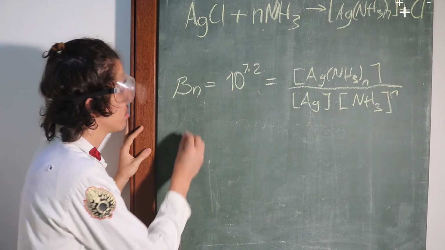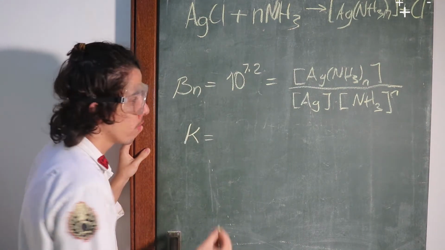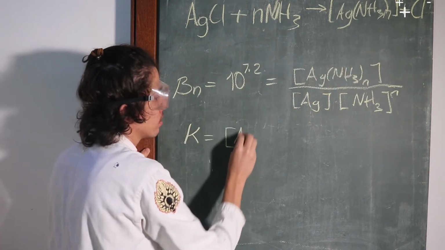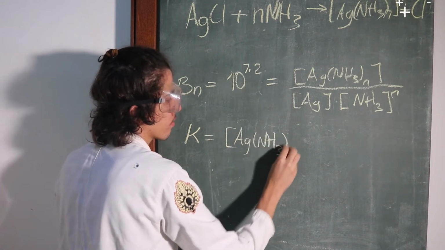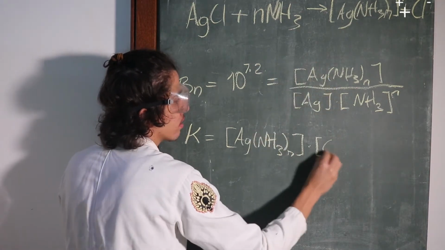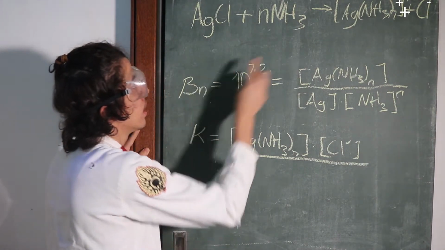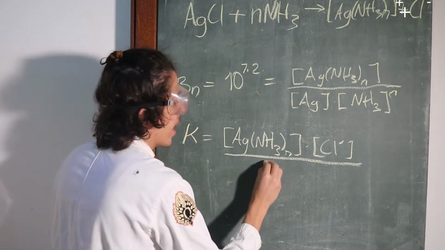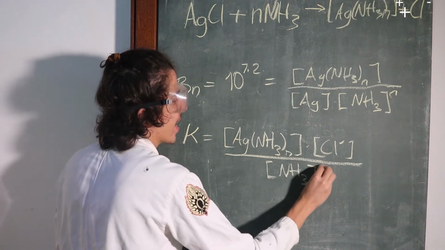Okay, so we want the equilibrium constant of this first reaction here. Mathematically, it's the same thing: the concentration of the products, so our complex times the concentration of chloride, over the reactants, ammonia to the power of n.